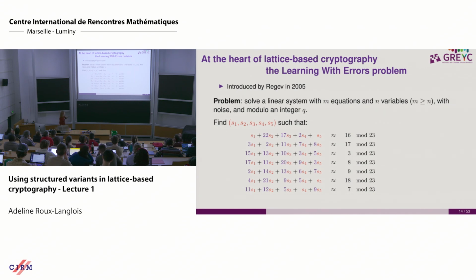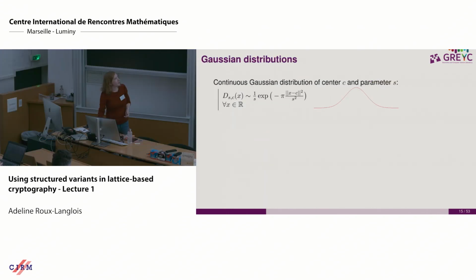Meaning that each one is approximate, it's not really 16, for example, it may be plus or minus 4 or 5, you don't know exactly what it is, but you have a noise, and this noise will make all the difference between solving a linear system or solving the learning with errors problem. So before I define it properly, I need to recall some definitions on Gaussian distributions.